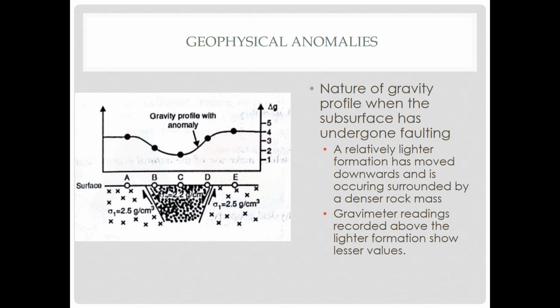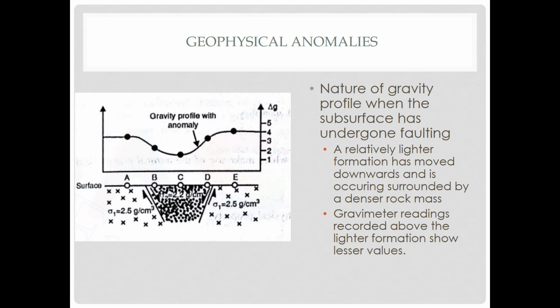Gravimeter readings recorded above the lighter formation show lesser values, thereby producing a negative anomaly in the gravity profile.